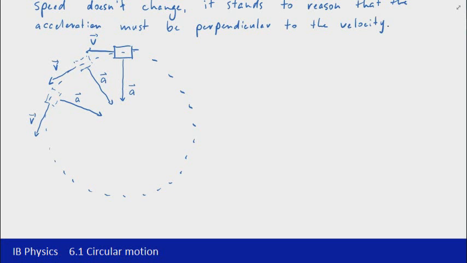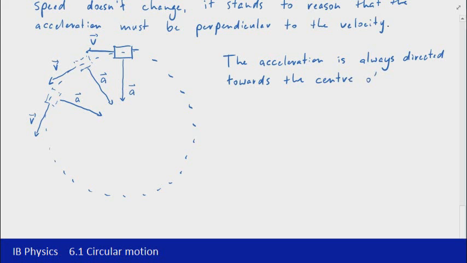While this is only a diagram, it does represent something important about the acceleration, and hopefully you can see that the acceleration is always directed towards the center of the circular path. The velocity is always a tangent to the circle, and if the acceleration is perpendicular to that tangent, then it must always be directed towards the center of that circular path.